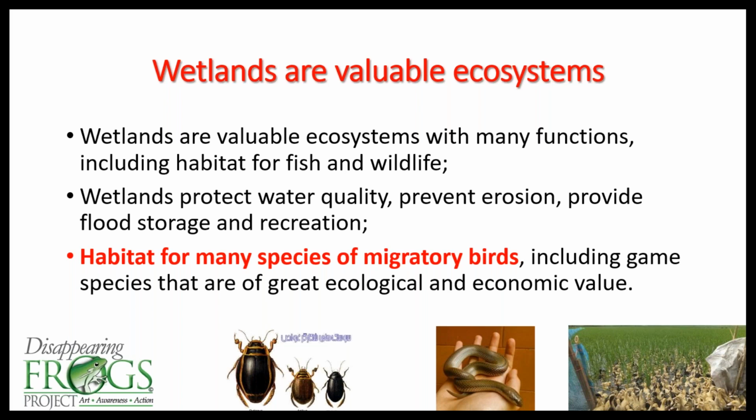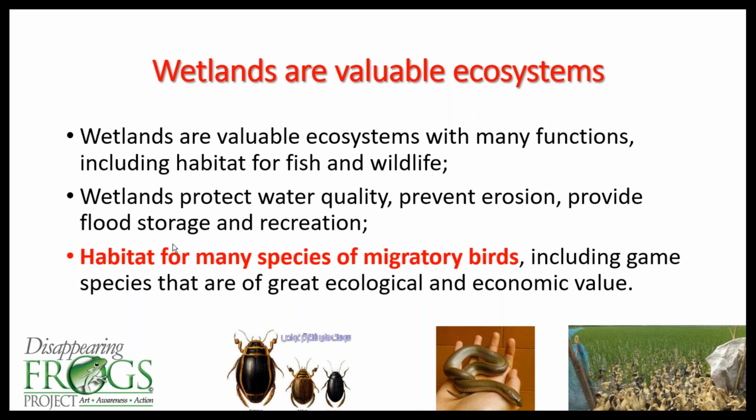Wetlands, as you can see, they are very important and valuable ecosystems with very important functions on the planet. They do lots of water-related actions on the planet, like, you know, prevent erosion, provide flood storage, and also they are very good places for the recreational activities.